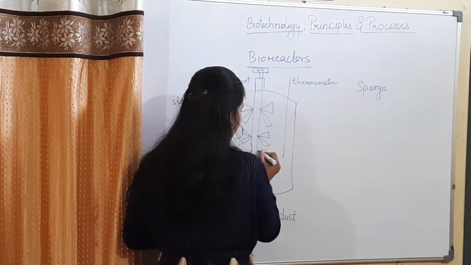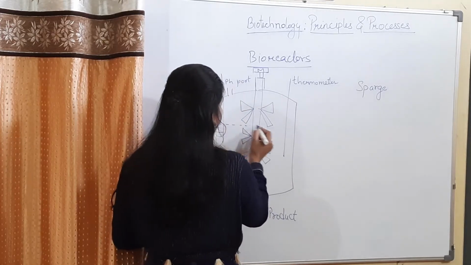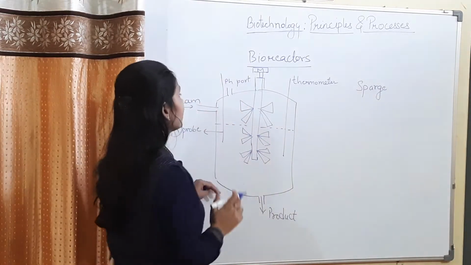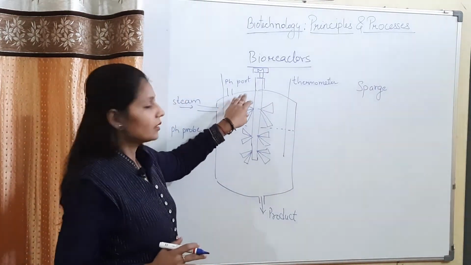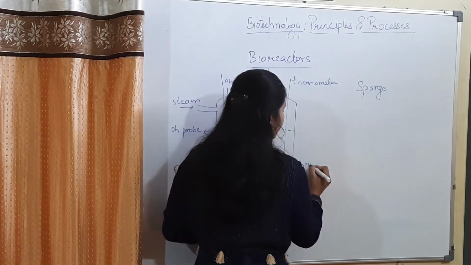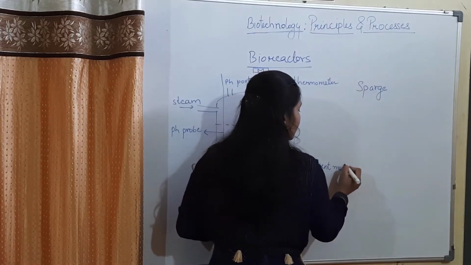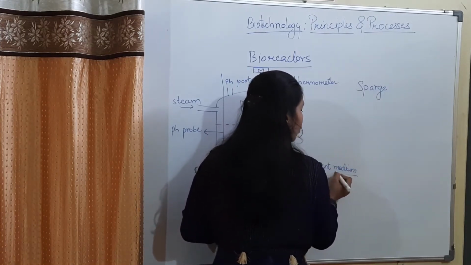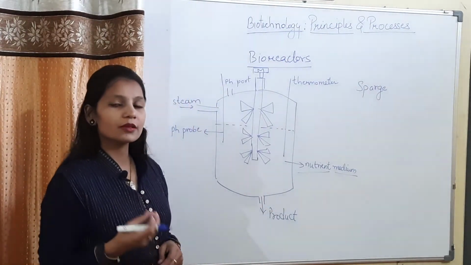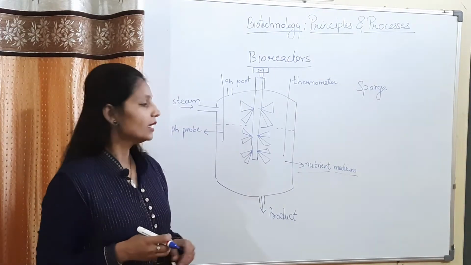This container is filled with the nutrient medium, and the amount is kept at 3/4. It is not filled up to the neck, it is filled only 3/4. So here we have nutrient medium for the growth of E. coli transformants. It can be E. coli, it can be some other bacteria or some other organism in which we have put our recombinant DNA.